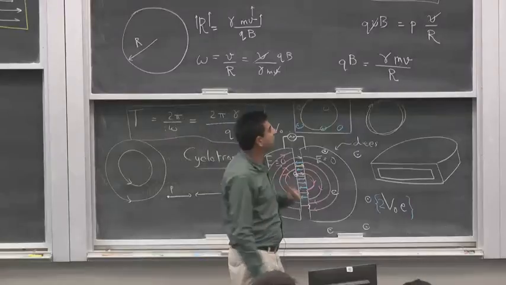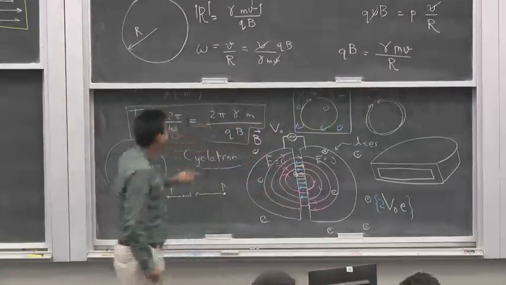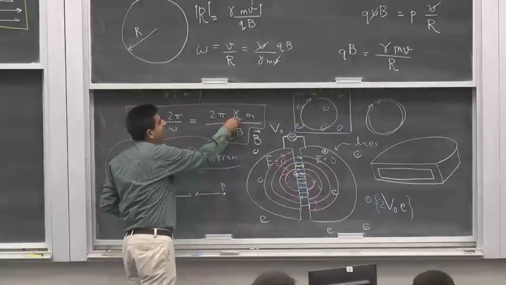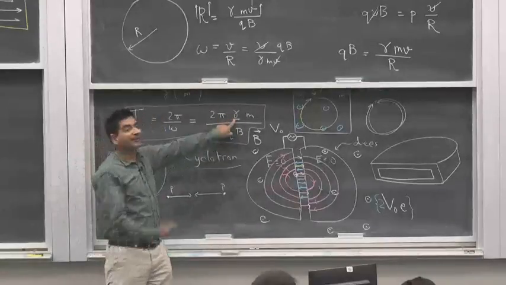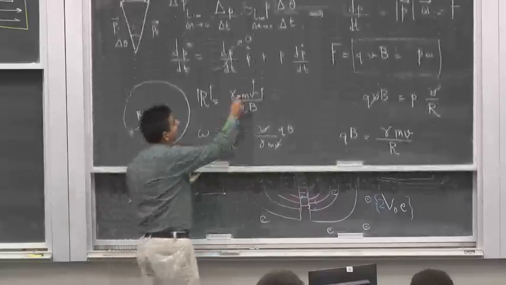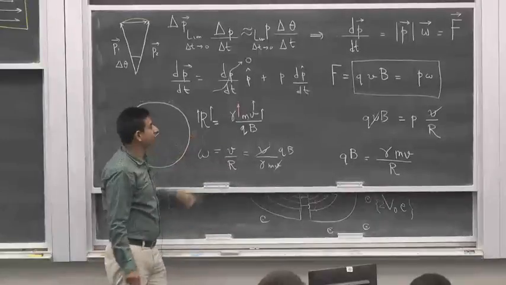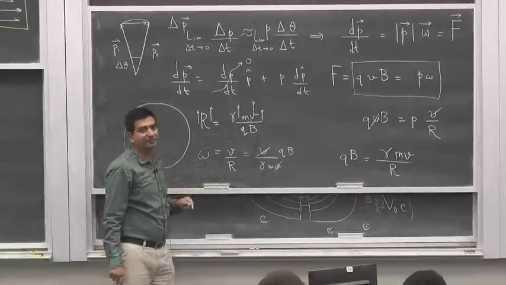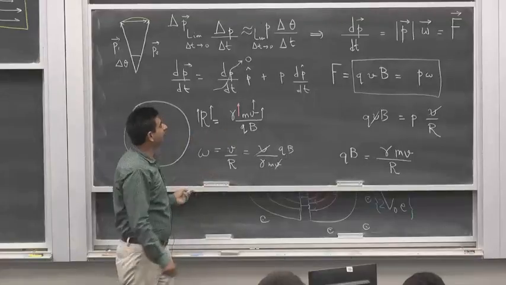Remember, however, there is one caveat. This omega, if you notice here, also depends upon gamma. So when the speed goes up, this factor really goes up. When this factor goes up, and the radius, because the speed is actually going up, the radius is no longer independent of omega.